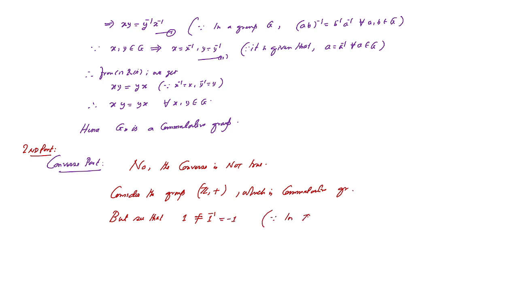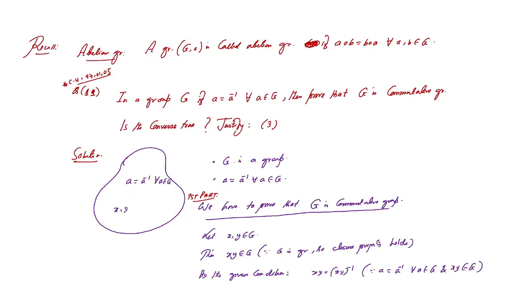Because in Z plus, if we take any element n, the inverse will be minus n for all n belongs to Z. Okay. So here 1 is not equal to 1 inverse. So that means the converse is not true. So that does not hold in each group. But in a group, if it holds that every element is its own inverse, then the result will be valid.